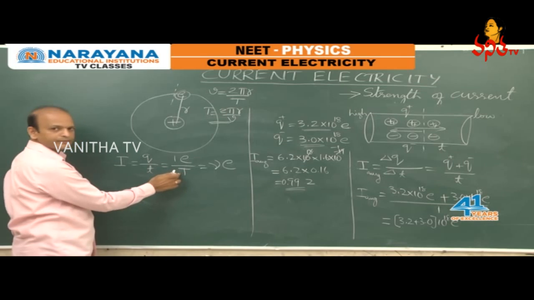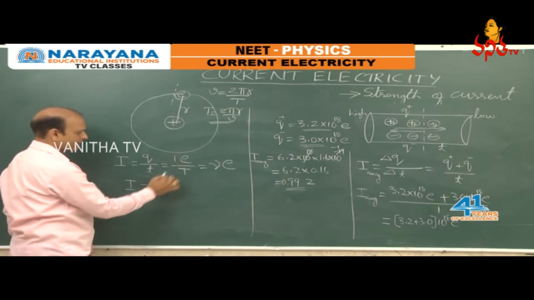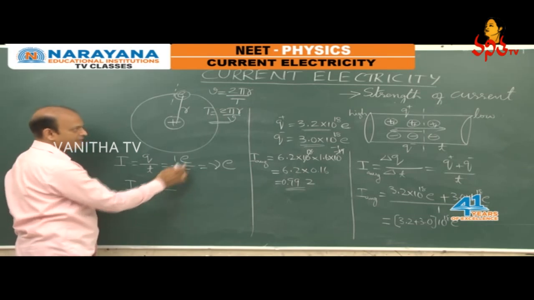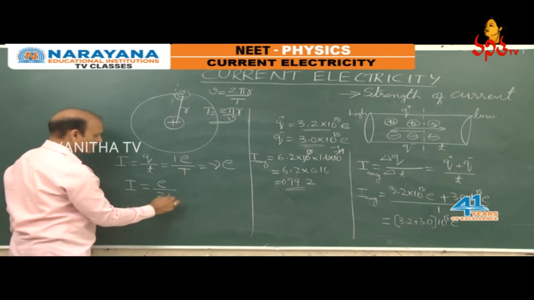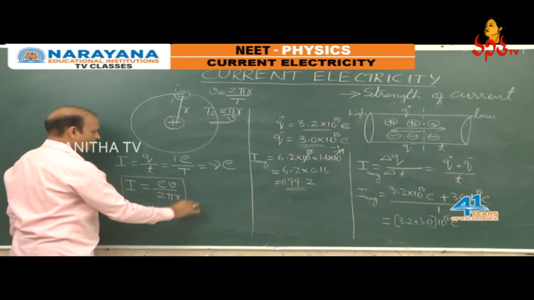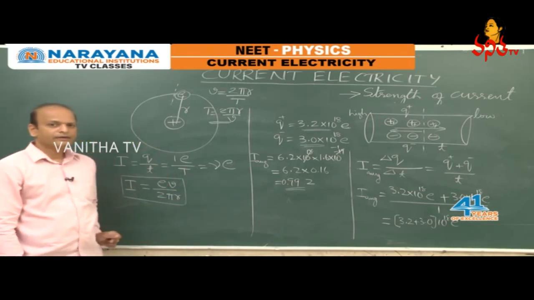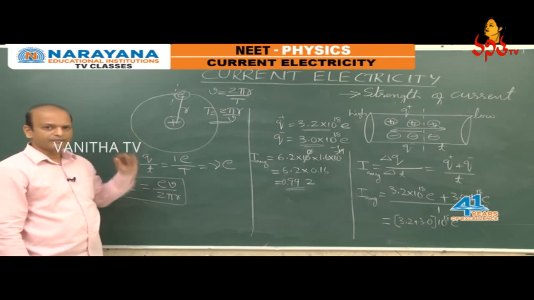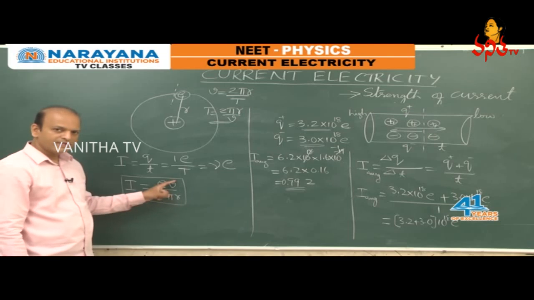That we substitute here. Then current is E by, instead of capital T, we substitute 2 pi r by V. So the current of a revolving electron in any orbit in the atom is EV by 2 pi r, where V is its speed and r is the radius of the electron orbit.